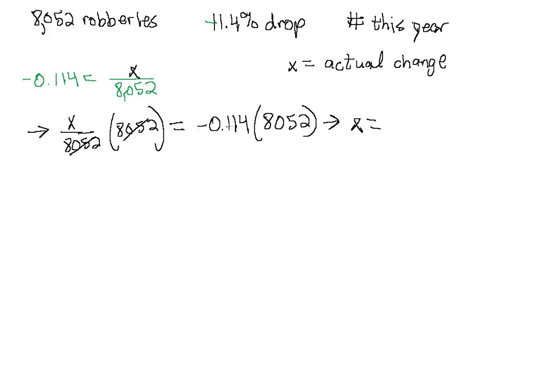And we have minus 0.114 times 8,052, which gives us minus 917.928.